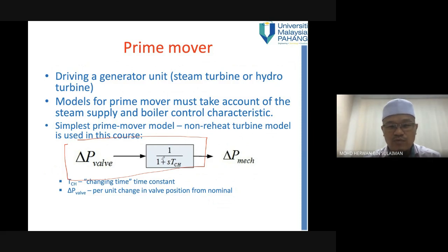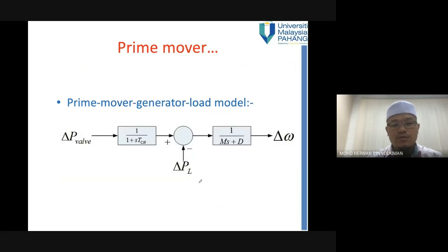So you have 1/(1+sTt). This one is the changing time constant. And delta P valve is the per unit change in valve position from nominal. So dia buka tutup you punya valve kat generator. Okay, so kita boleh model kita punya sistem. So kalau tengok sini dia prime mover, generator, load model. So kita ada prime mover. This is prime mover.